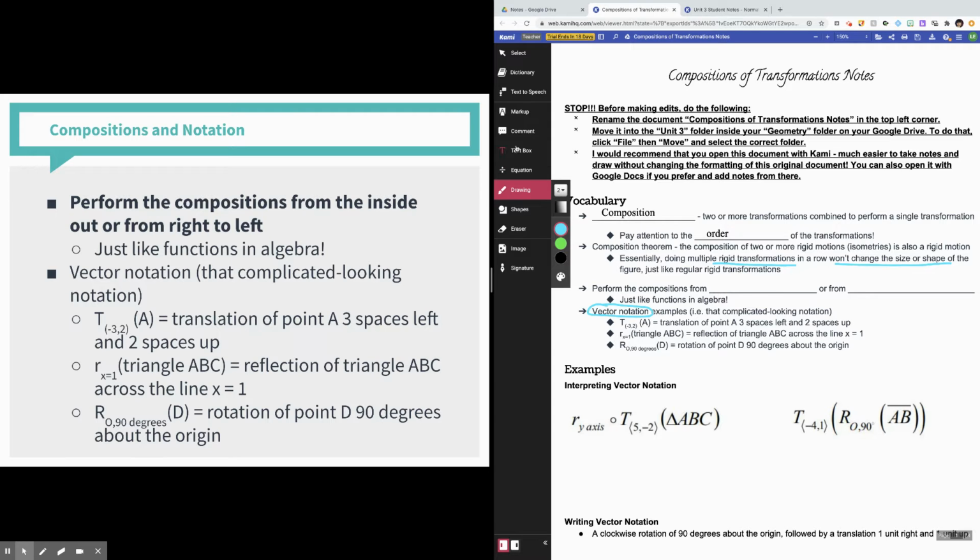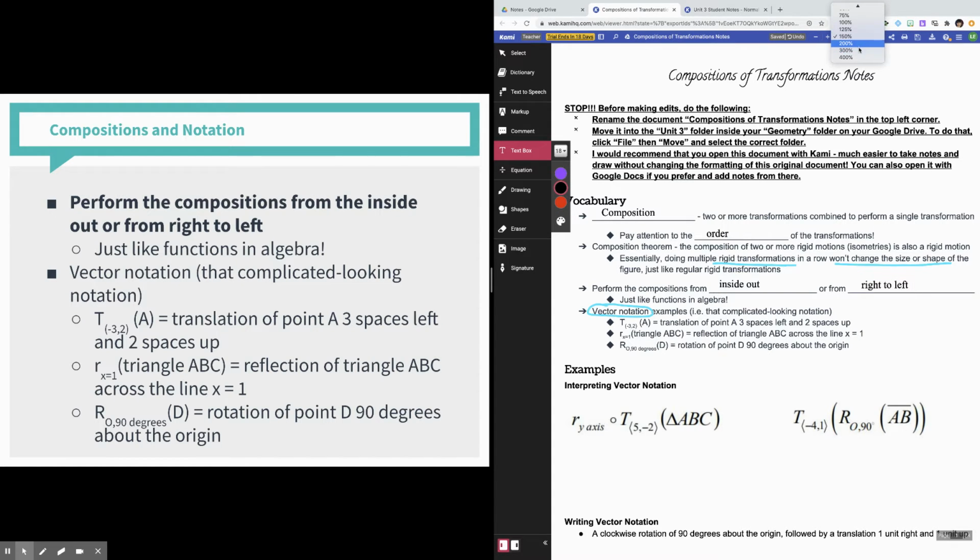Okay, so it's very important when you're doing composition of transformations that you perform them in order. You either go from the inside out, and I'll show you what I mean by that in a second, or reading from right to left, which is very similar to the functions that you did in your algebra classes.